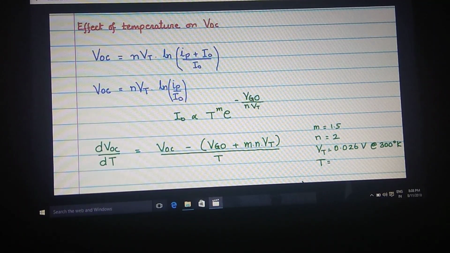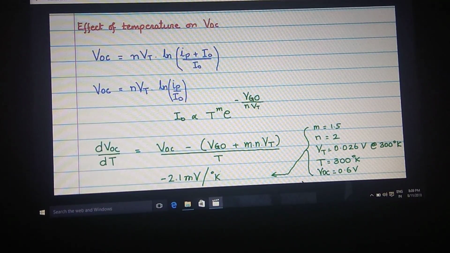And if we take temperature as 300 degree Kelvin, and VOC as 0.6 volts for a cell cut-in voltage, and you apply all these to the above formula, you will get approximately minus 2.1 millivolt per degree Kelvin.